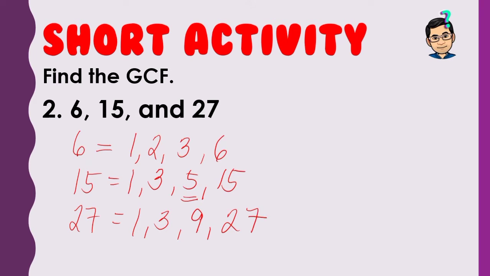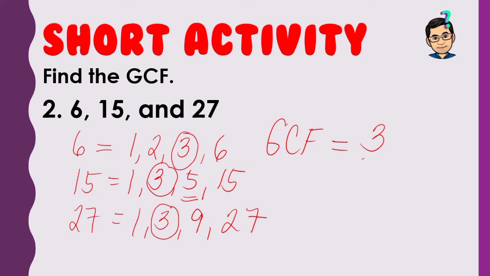Based on the listed factors of these three numbers, what is their greatest common factor? Is it 1? No. Is it 2? No. Why not 2? Because 15 and 27 are odd numbers and 2 is an even number. So the greatest common factor of 6, 15, and 27 is 3. Let's write here, the GCF is 3.